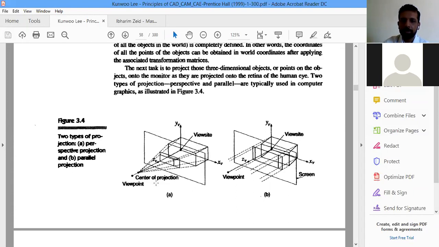One more example of perspective projection is something we have seen in drawings. I'll just show that drawing in just a moment.